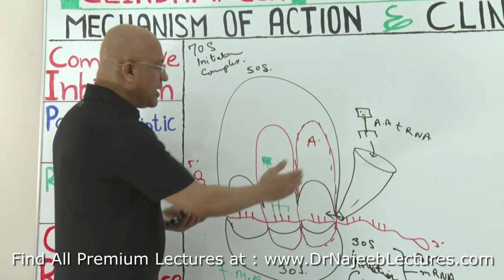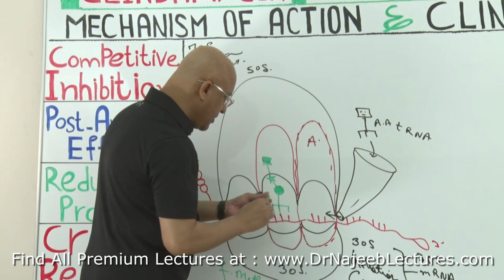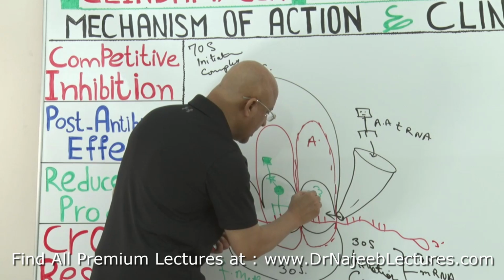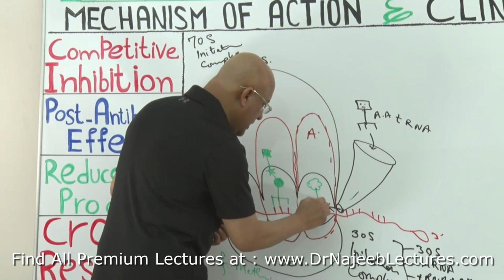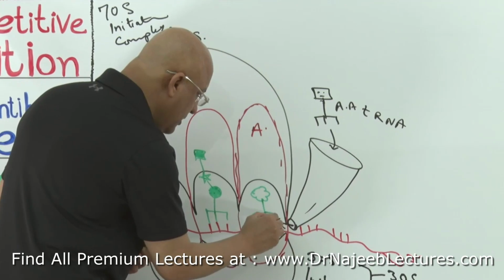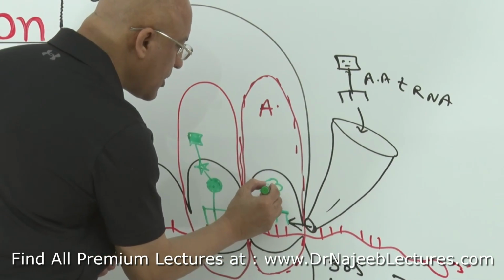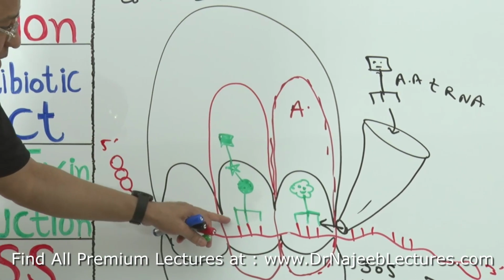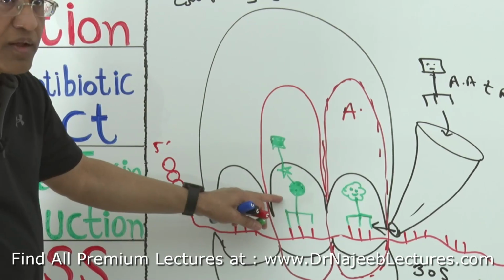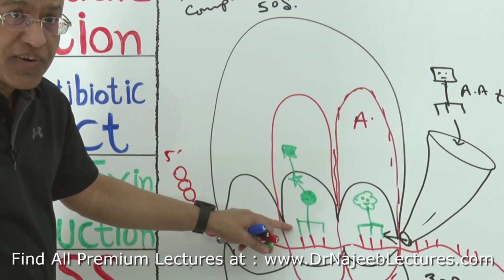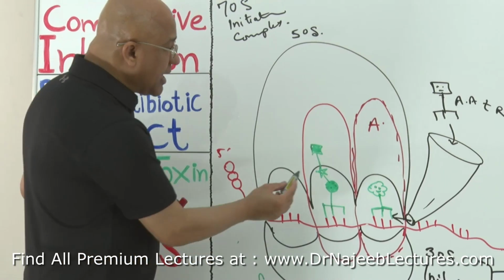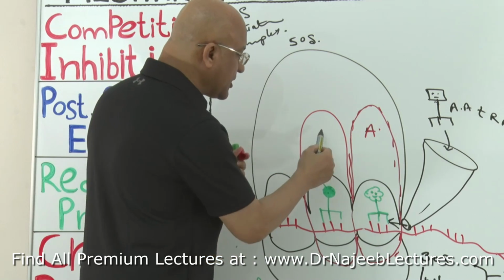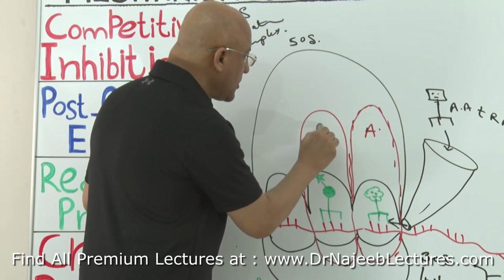I can show you that. Let's suppose one amino acid comes over here, the new amino acid with its transfer RNA. Now this aminoacyl transfer RNA, what is this one? Peptidyl transfer RNA, because it has the peptide chain here. So we call this functional part the P site.